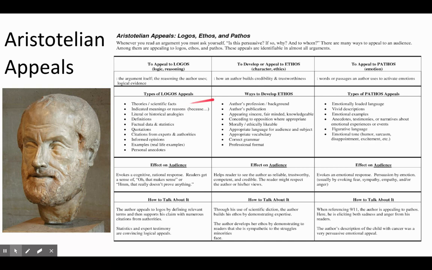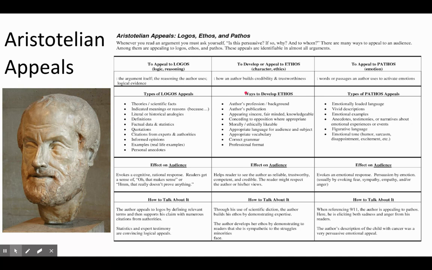Then there are appeals to ethos. Appeals to ethos is an author building his or her own credibility and trustworthiness. So Taylor Swift, for example, does this in her letter to Apple, right? When she says, thankfully, I am not like a starving musician. I earn enough to pay all of my people. So she's building her credibility to let you know that she's someone in the industry who can be trusted.